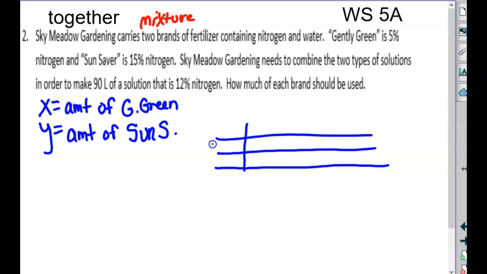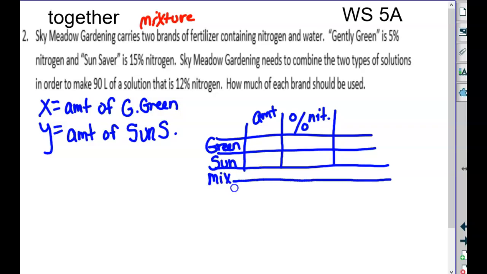Okay, so this is going to be my green and my sun, and this is going to be the amount times what am I looking for in this question? I need to get to 12% nitrogen, right? So my percent of nitrogen, and then this is the total over here, but I need a mix. I didn't put enough things together here. All right.